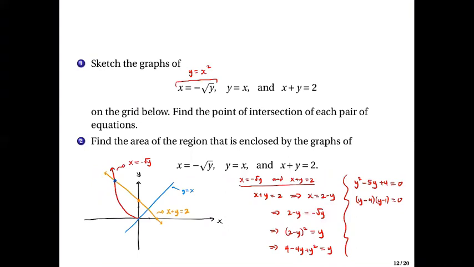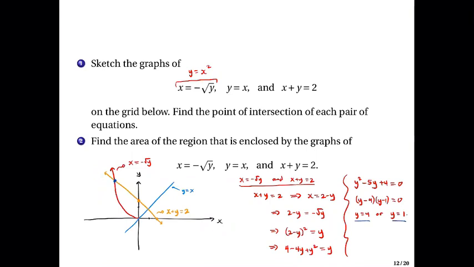So now in here, we will have y equals 4 or y equals 1. Correct? And then we solve for x. So we got these two possible values for y. It could be both.